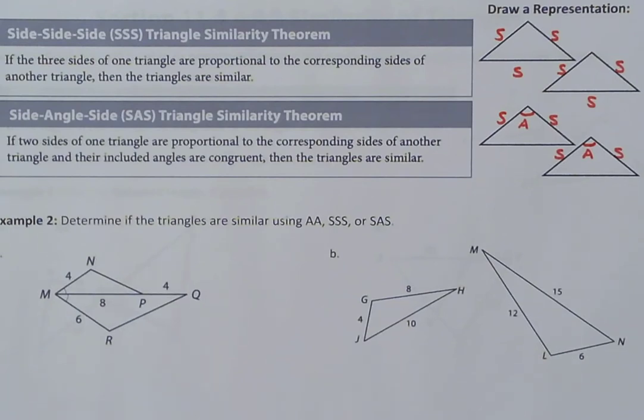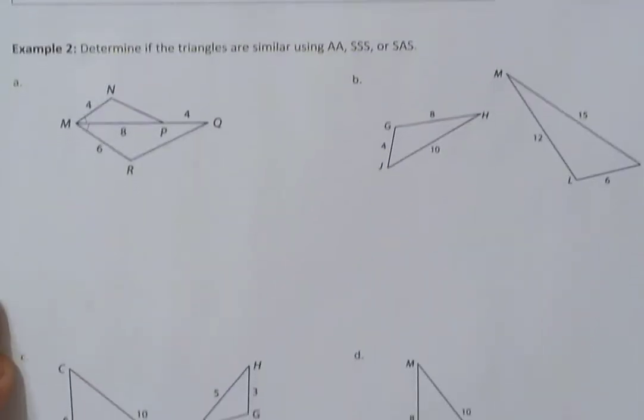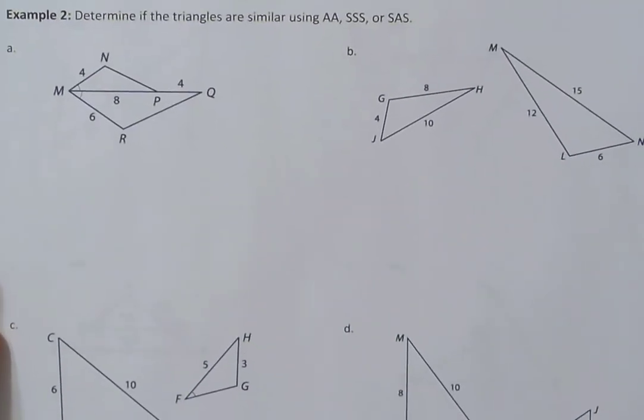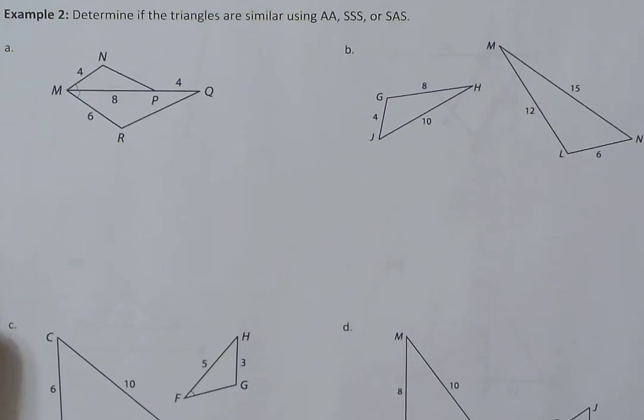Side-side-side, where you know that all three sides and their corresponding sides are proportional and have the same proportion. Or side-angle-side, where you know that two sets of sides are proportional to each other and the included angle is congruent. So that's what we're going to do for example 2, is determine if these triangles are similar using one of those 3.